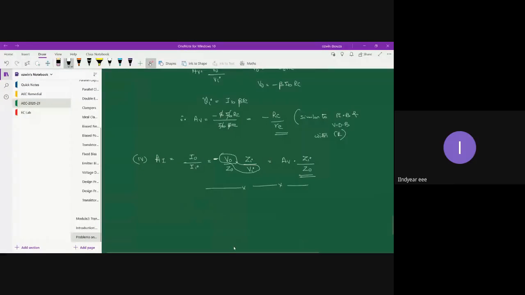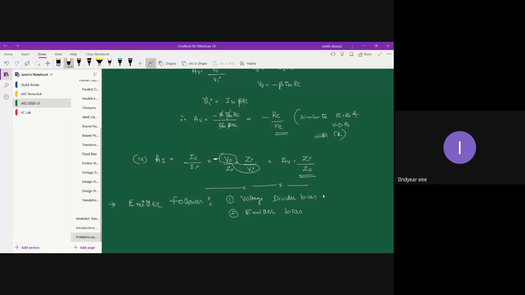Yes, sir. Okay, fine. So the second circuit for the day is the emitter follower. It's a very interesting circuit. Remember one thing, this emitter follower can be constructed either from voltage divider bias or from emitter bias.